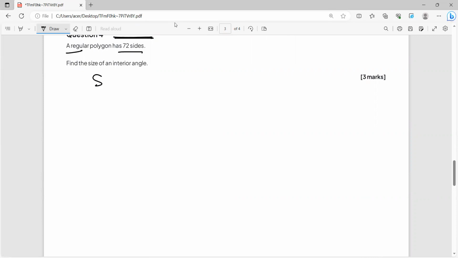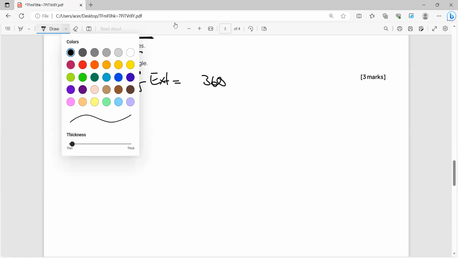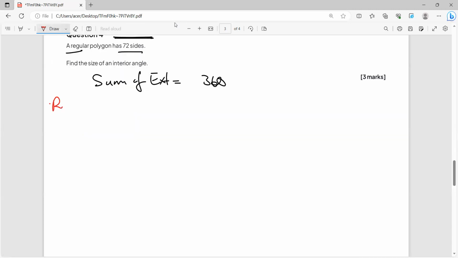So sum of exterior angles equals 360. And because we have a regular polygon, our sum of exterior angles is just the same as multiplying one exterior angle by what? By n to get 360.